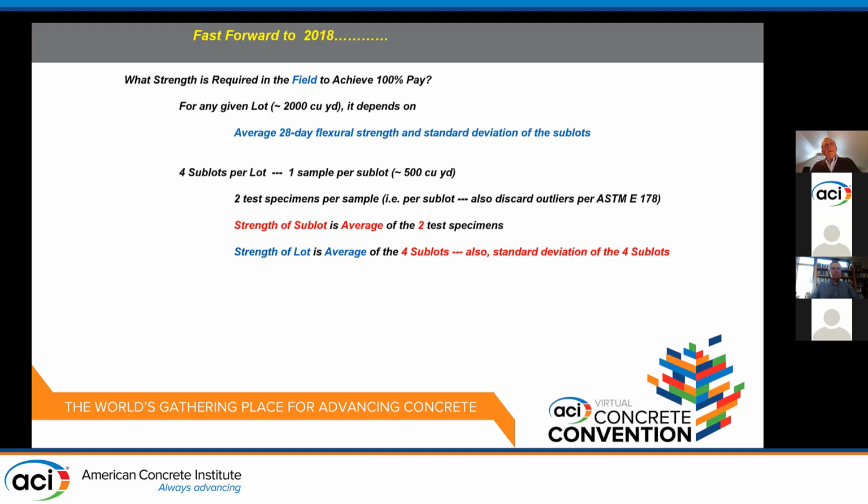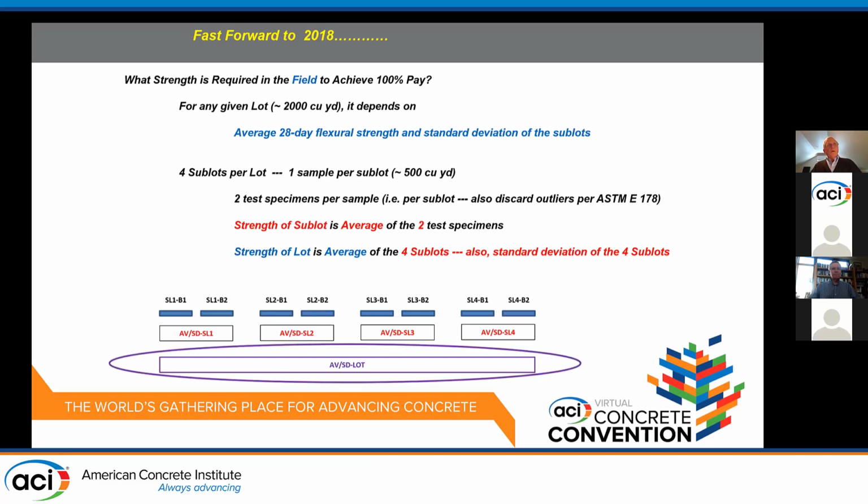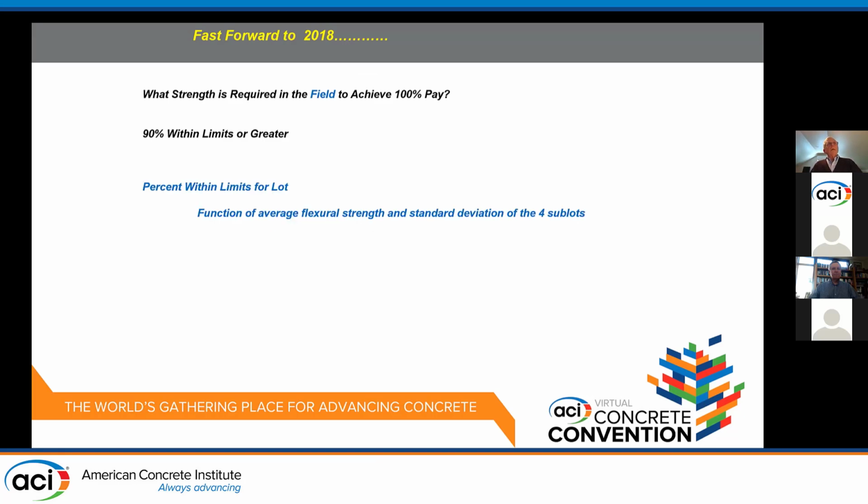And the strength of the lot is the average of the 4 sublots. And then you have the standard deviation of those sublots to define what you're doing. And that looks something like this. You can see the sublots, you get your average, and then you get your average for your lot. And to get the 90% within limits is what's required to get 100% pay.